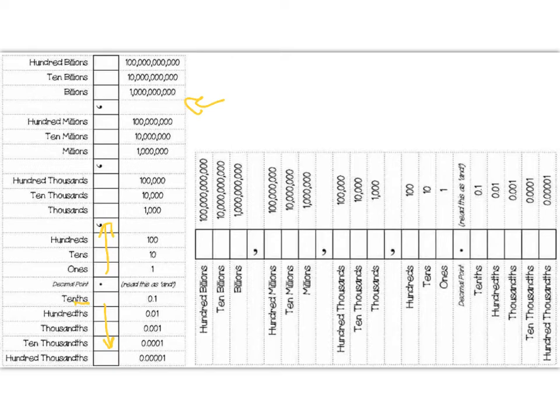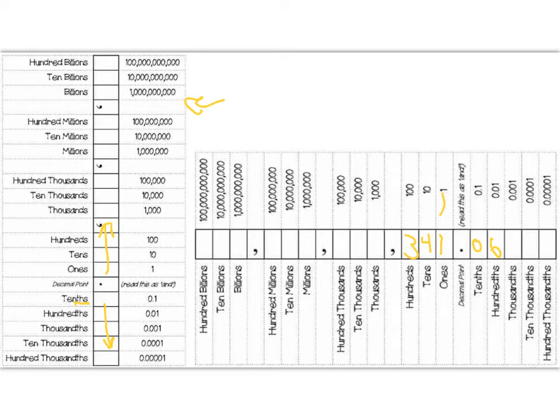So let's take a number like 341. The digit 3 is in the hundreds place, in the tens place you have 4, and in the ones place you have 1. Now if I add a tenth on, I would say, oh, if I add a hundredth on, I would have 6. So this number, 341 and 6 hundredths, is actually how you read the number.